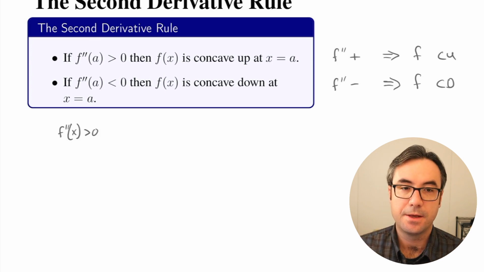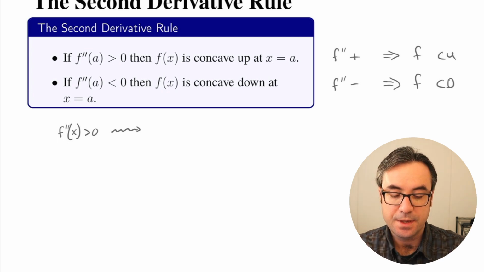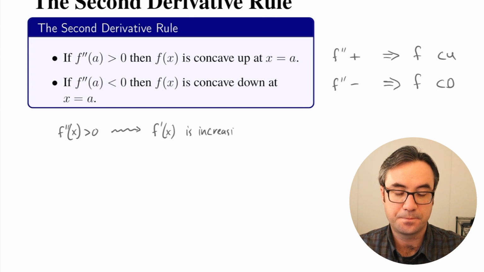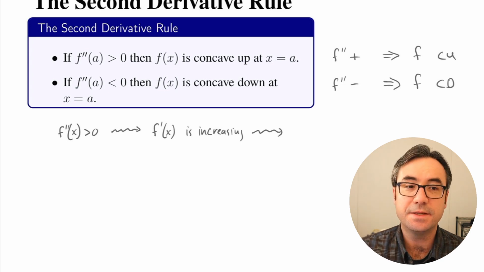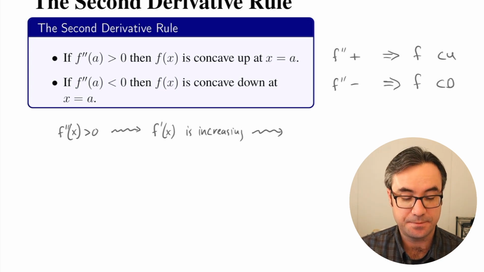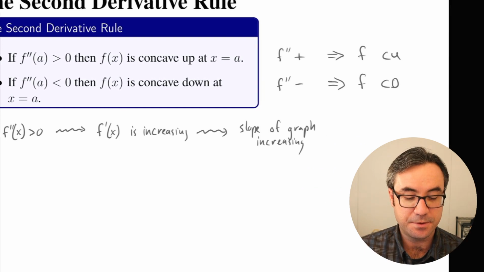If the second derivative is positive, what that really means is that our first derivative is increasing. And if our first derivative is increasing, what that means is the slope of our graph is increasing. And if the slope of our graph is increasing, that's precisely what it means to be concave up.